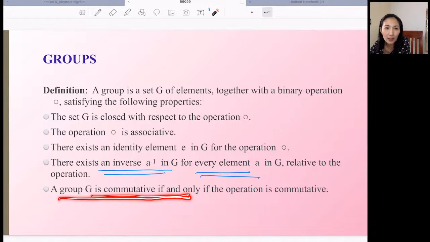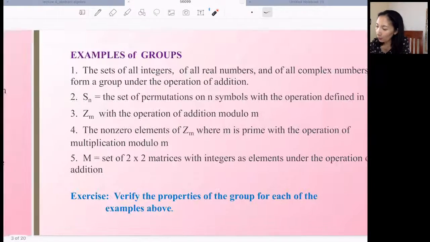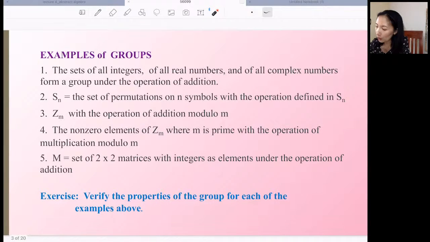So automatically we can say that Z sub m with respect to addition is a commutative group. So what shall we write here? Z sub m with respect to addition modulo m is a commutative group.